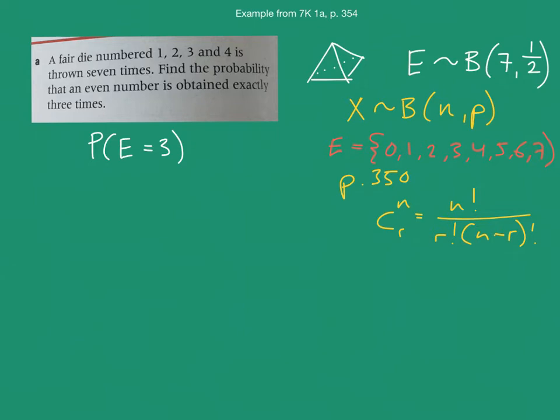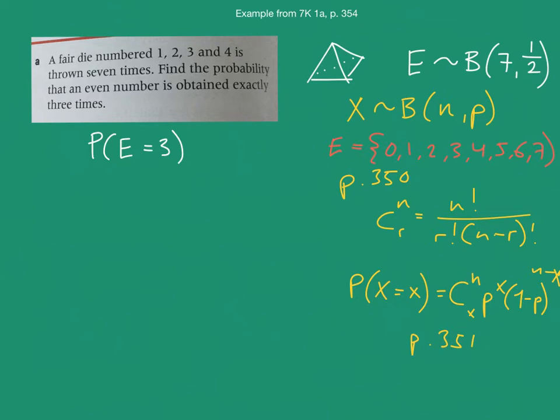And we're also combining it with the formula for finding the probability of a random variable, which looks like this. Oh, I can't fit it all in. Yeah, this is on page 351.